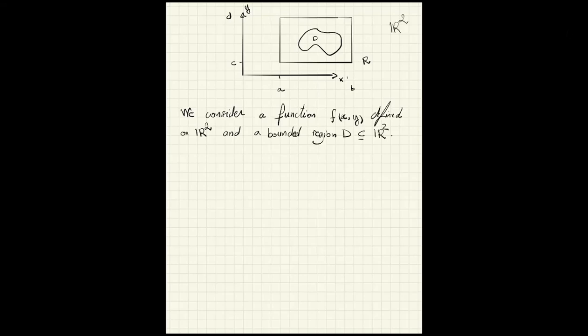Why bounded? Bounded because we want to bound this region by a rectangle. Whenever you give me a bounded region, I can find something that is bounded by a rectangle. That's exactly the definition of a bounded region.